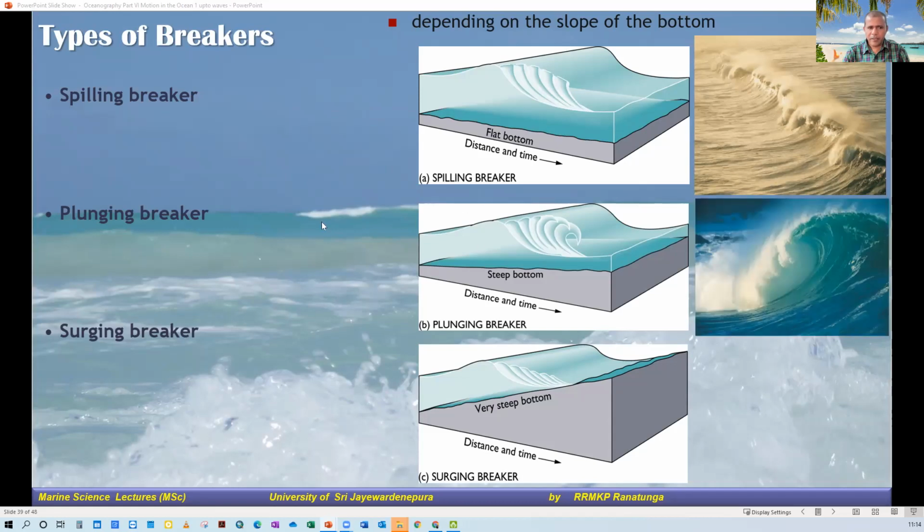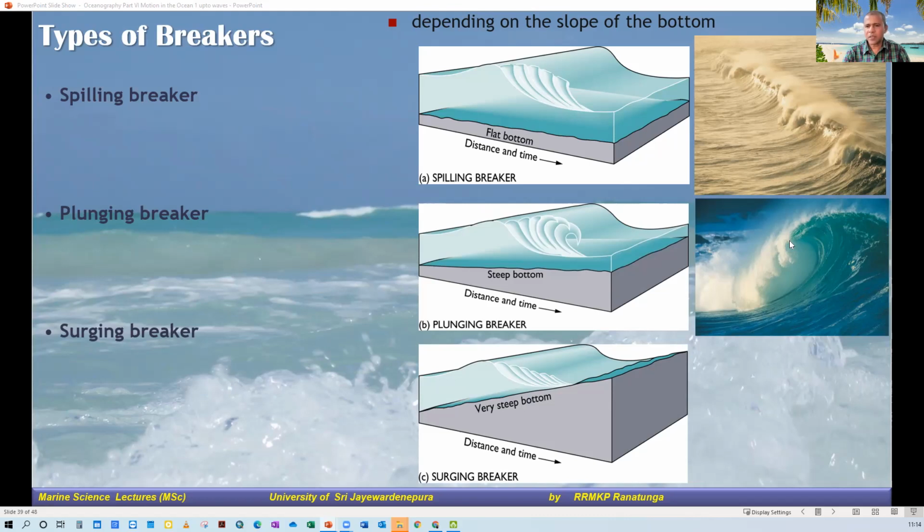And the second one is the plunging breaker. Right? As you can see, there's more rolling here. Usually it's huge waves, rolling. And these kinds of waves are very popular among surfers, right? Especially if you are an expert surfer, they prefer this kind of rolling waves.